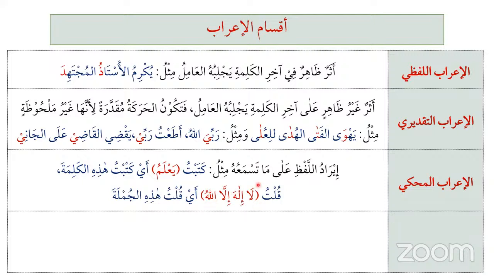This sentence as a whole will be maf'ul bihi, but the i'rab is based on narration. You're bringing the phrase or the word the way it has been heard, and you will still experience the i'rab, but the i'rab will be hikayatan, based on narration. And what does this mean? قلت لا إله إلا الله. In other words, قلت هذه الجملة. I said this sentence.